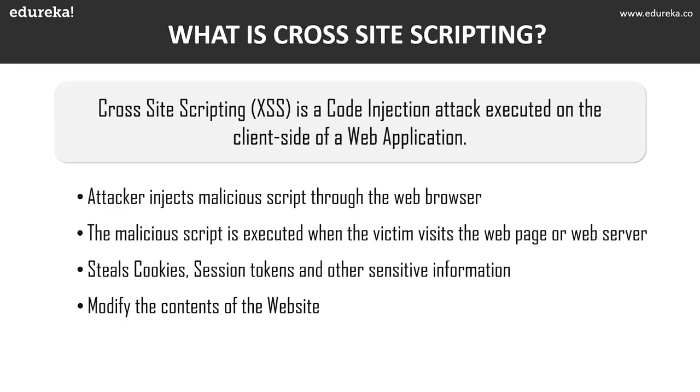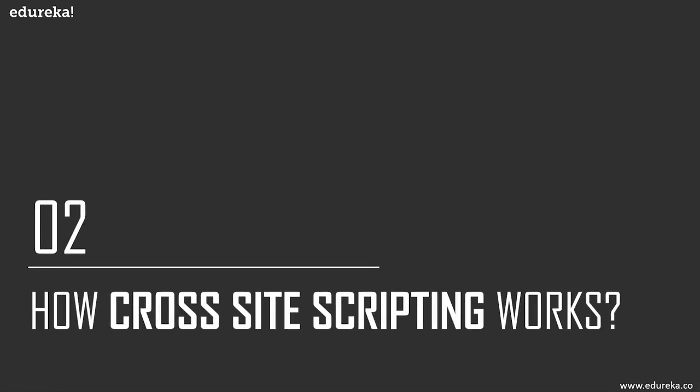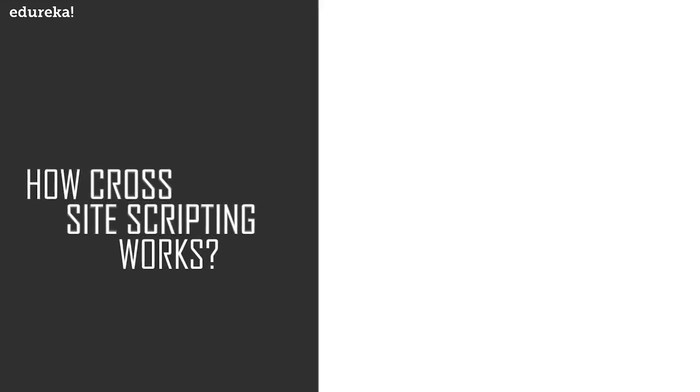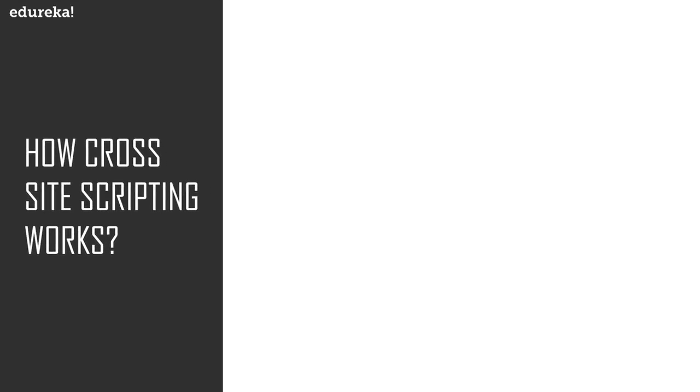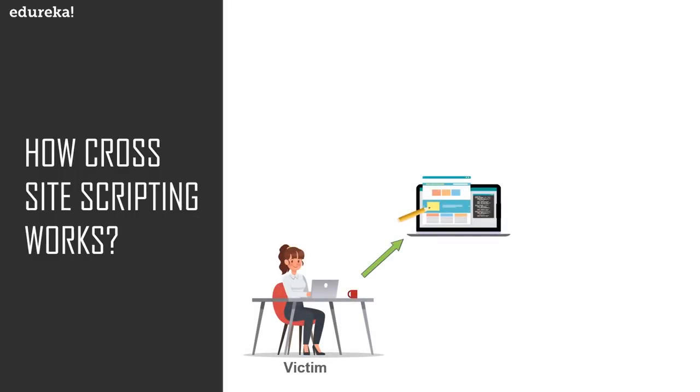Now this is a brief about cross-site scripting. Now let's see how cross-site scripting actually works, the logic behind this attack. Cross-site scripting is basically a web application hacking technique. So you need a website, a web server, and a victim. So what happens when you ideally access a website?